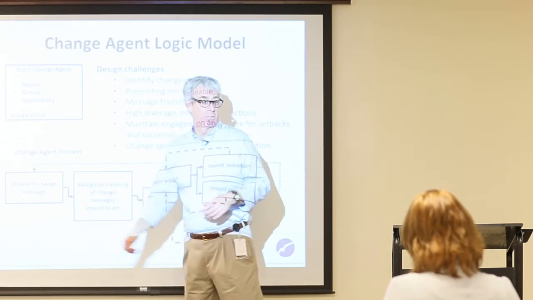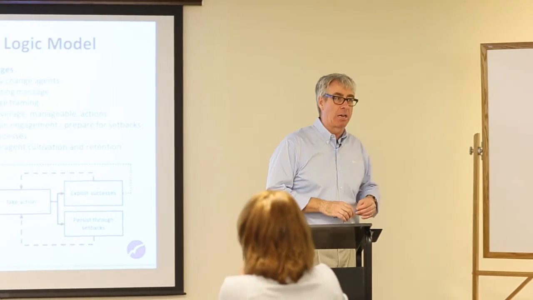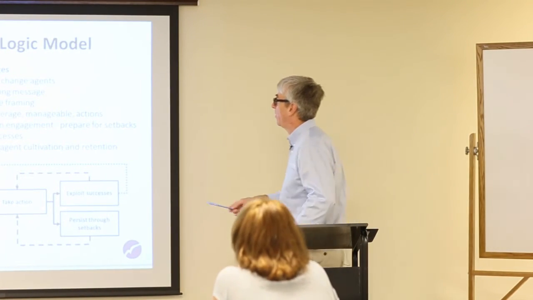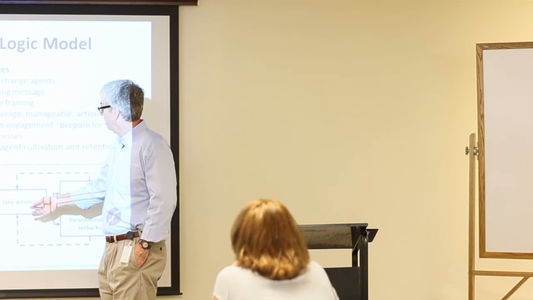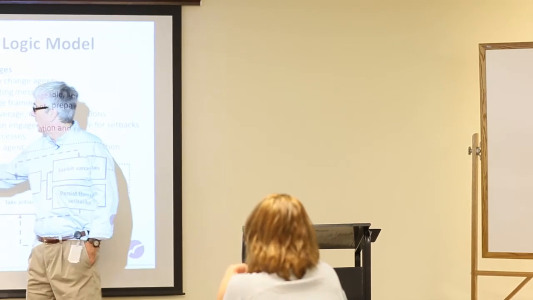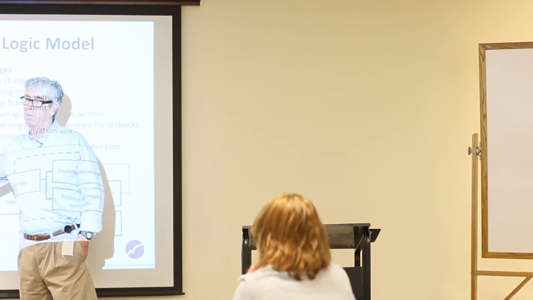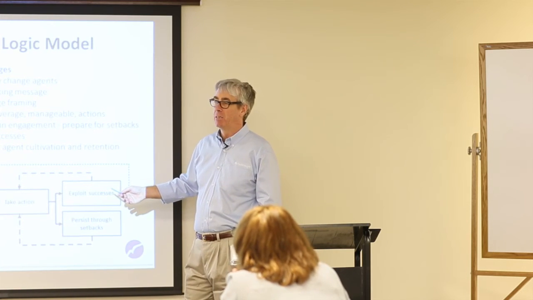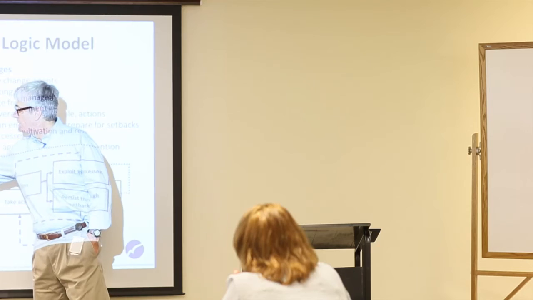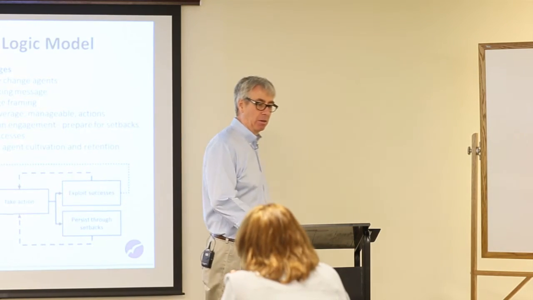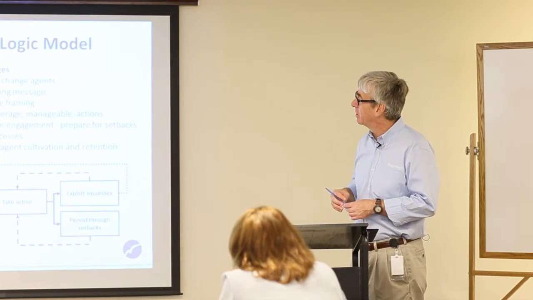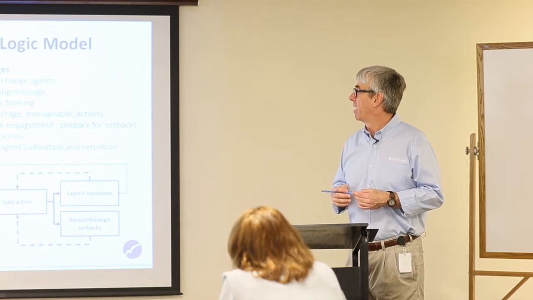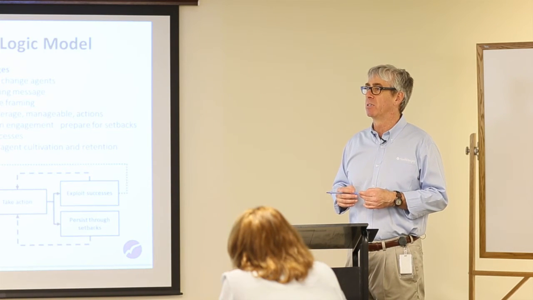Here's our design challenge. Here's a logic model. This won't happen, I assert, unless this happens. Any concerns about that logic? Okay. And how can we increase the likelihood, or what's our design? What kinds of things do we think about when we think about attending to a change message?